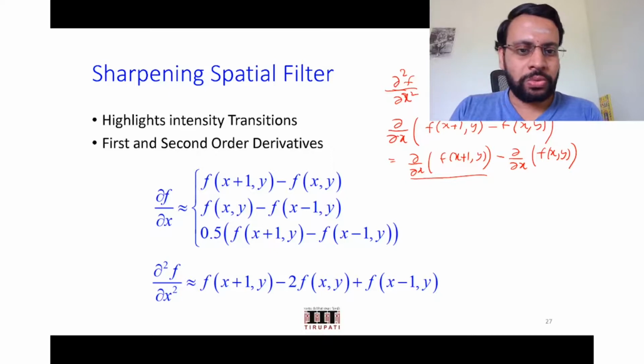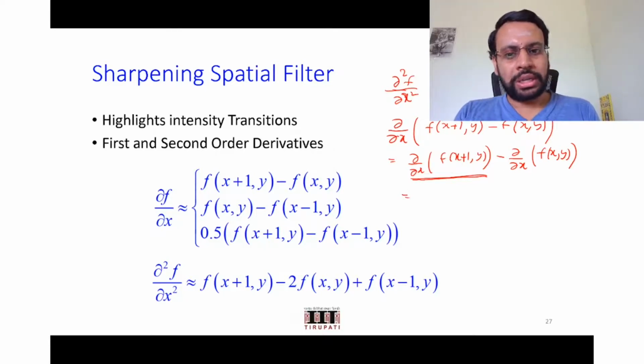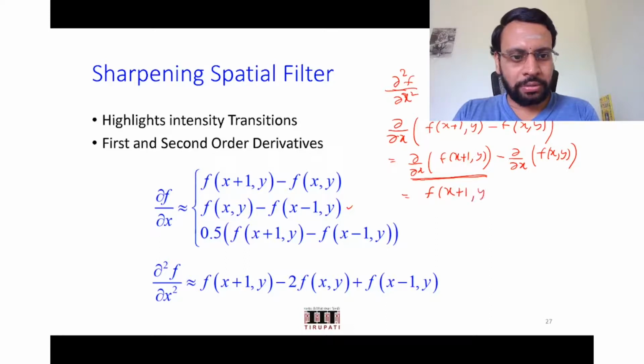So suppose I want to find dou by dou x of f of x plus 1 comma y, how can I write that? I could use x plus 1 and a pixel behind that. So how could I write it then? f of x plus 1 comma y minus f of x comma y, minus of.